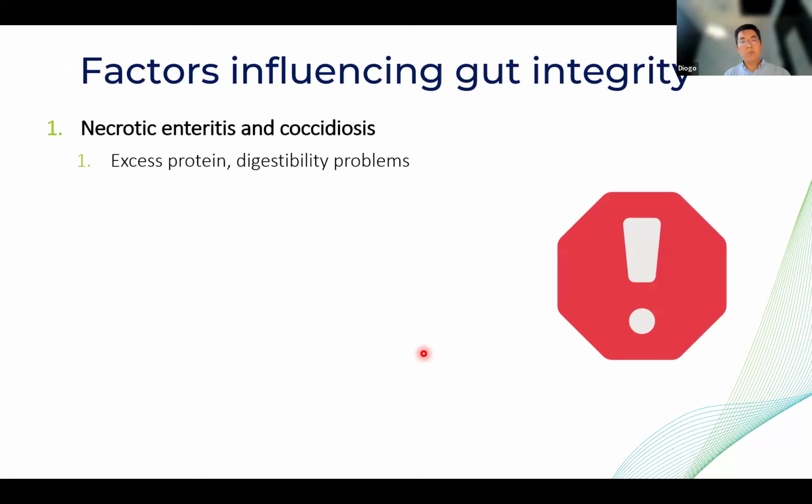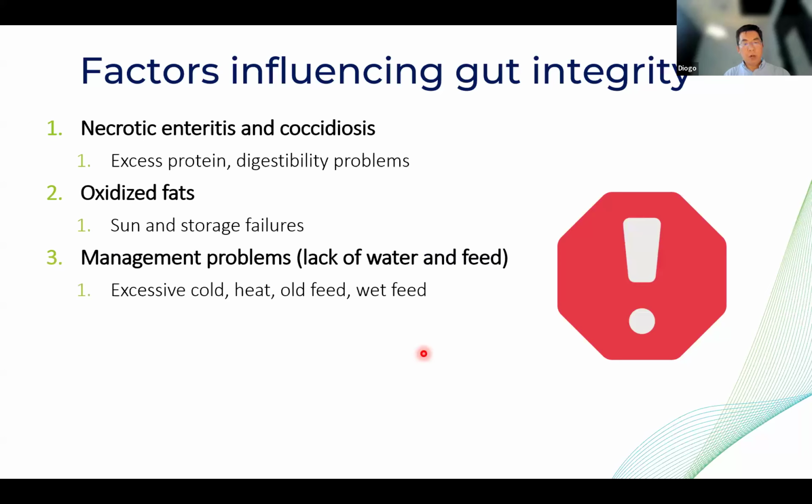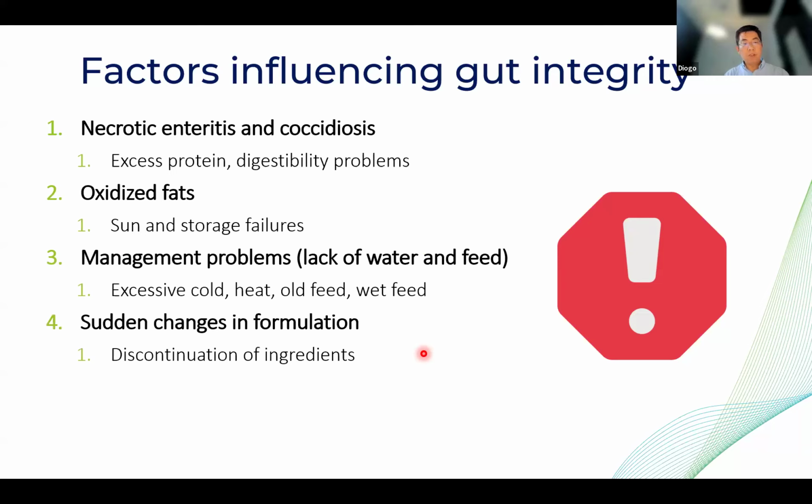So we also need to remember that it's very important to keep or to save the gut integrity, because necrotic enteritis or coccidiosis can cause problems related to the formulation, oxidized fats, management problems, sudden changes in formulation.